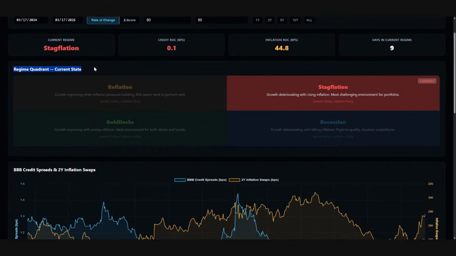The regime, you can say quadrant or quads or whatever regime setup that you have, where you have reflation, which is credit spreads falling and inflation rising. So growth and inflation are rising at the same time, spreads are falling. Goldilocks, where growth is positive and inflation is actually falling. This is usually the best time for risk assets.